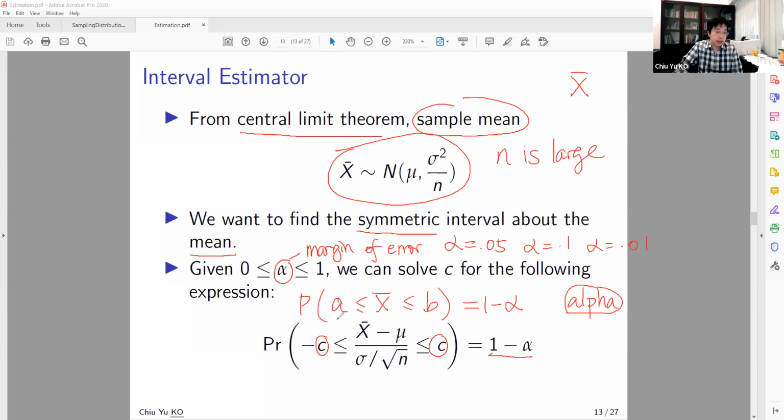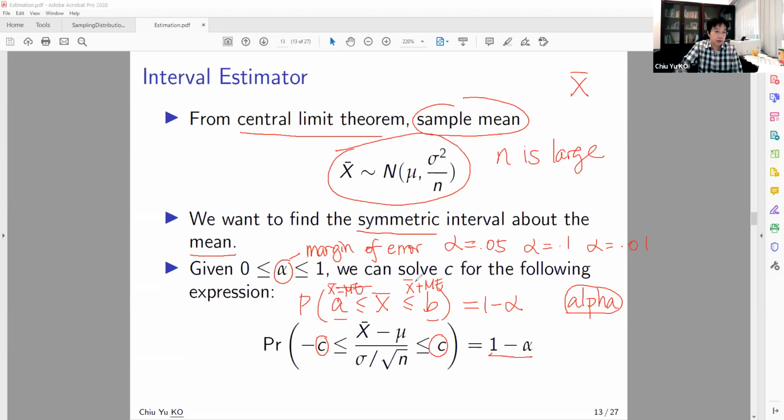So we want A and B here, but symmetric. To rewrite it, it's X bar minus ME plus ME, where we call ME the margin of error. Later you will see, it's symmetric about the mean.